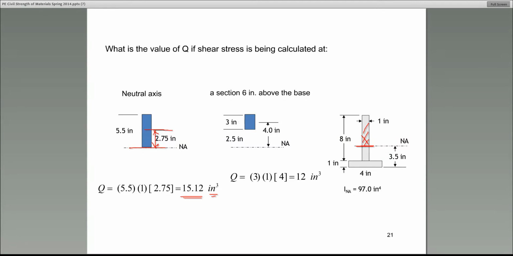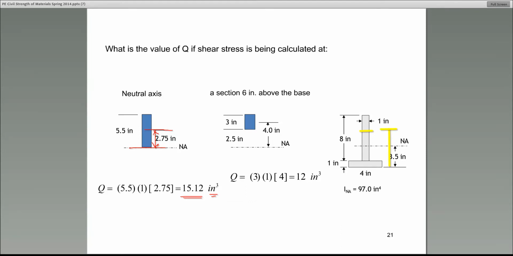All right. Now, when we talk about finding the shear stress 6 inches from the bottom, see if you can help me calculate this. First, what did I say? Step number 1 is identify the location. So it would be 6 inches from the bottom, approximately there.